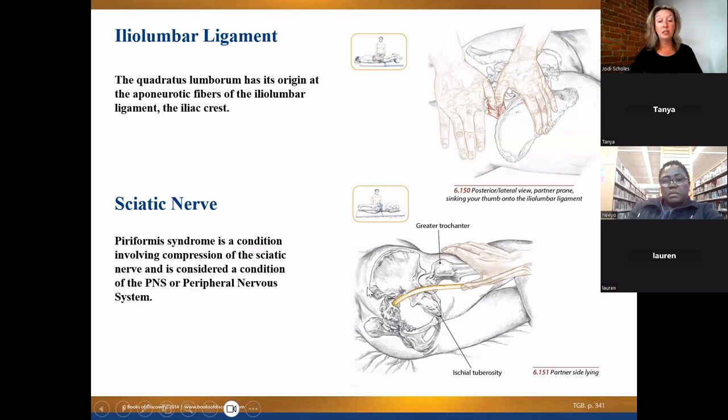Typically, we're going to treat this by working the SI joint, which is the sacroiliac joint. But sciatica goes down the leg. So sciatica is also considered a condition, a pathology of the peripheral nervous system because it's involving nerves.